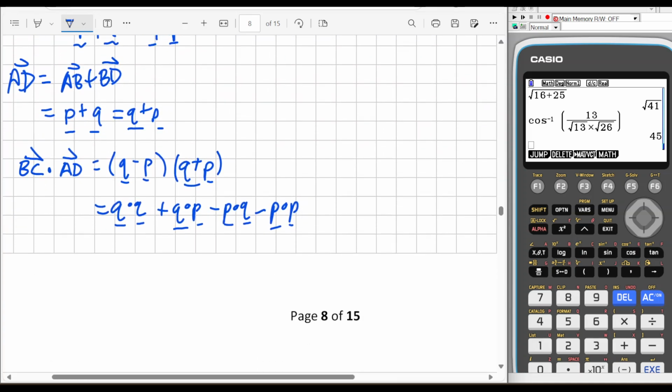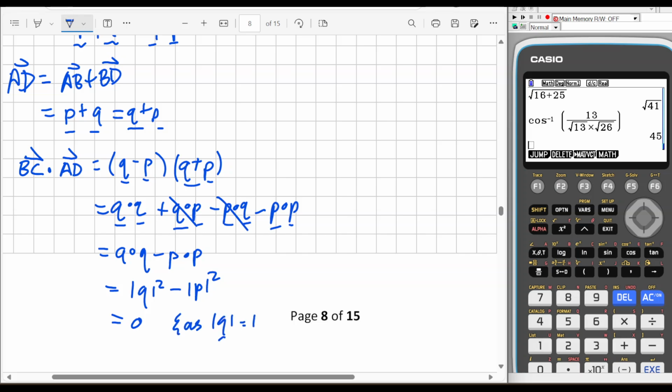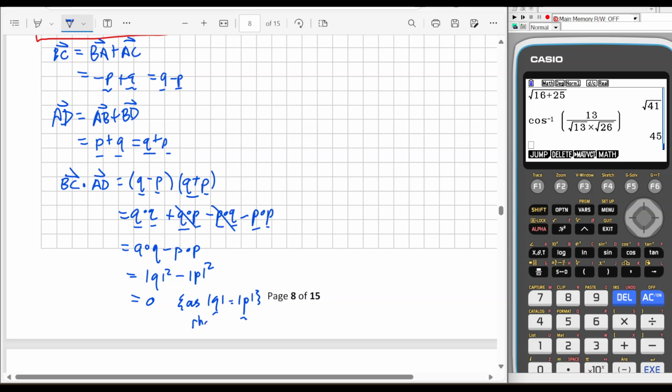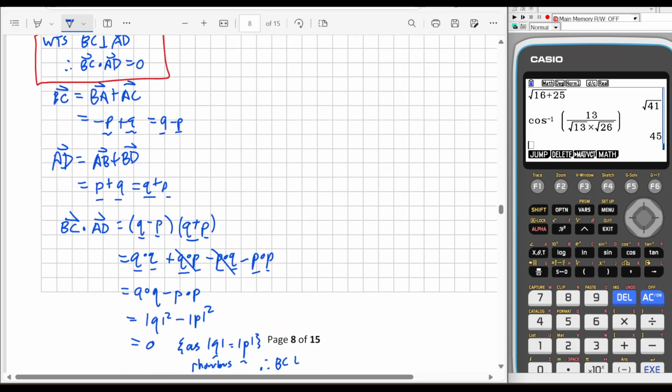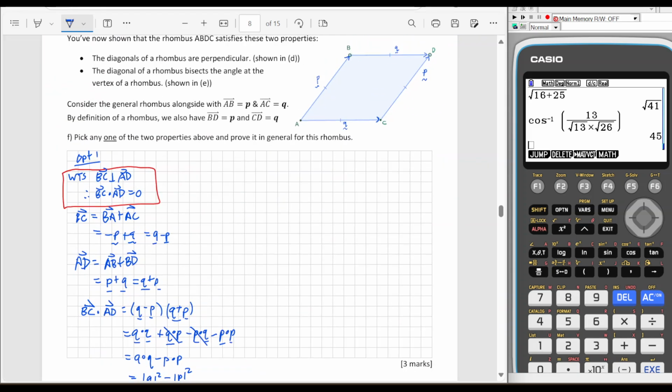The middle two terms will cancel off. So that is Q dotted with Q, take P dotted with P. There's a dot product identity, mod Q squared take mod P squared, which is 0 as mod Q equals mod P. Those distances are the same because it's a rhombus. Therefore, we did what we want, BC is perpendicular to AD. So that's option 1 if you want to prove that. And that's actually the easier option.